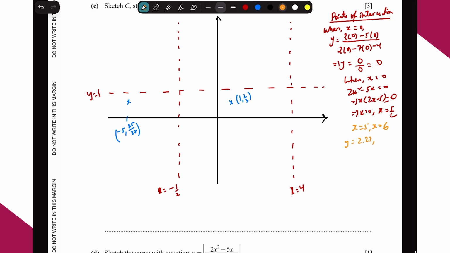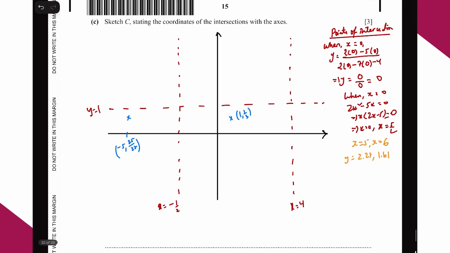And when x equals 6, I'm writing decimals because it's easier to visualize, y comes out to be 1.61. So the graph is going downwards. So that's the behavior of the graph. Okay, cool. So our graph is going to be something like this. I'm just going to pick a different color in this case, this one.